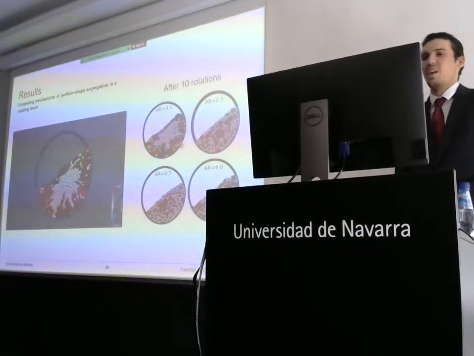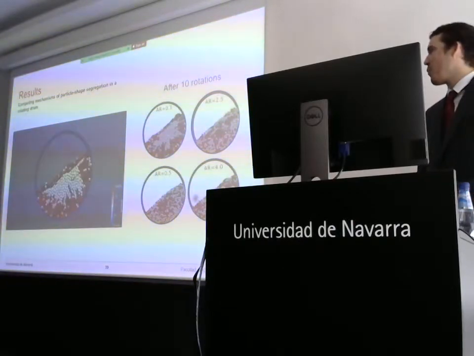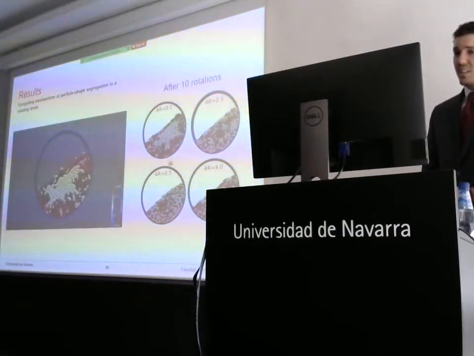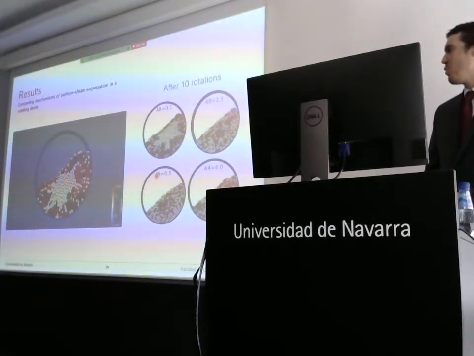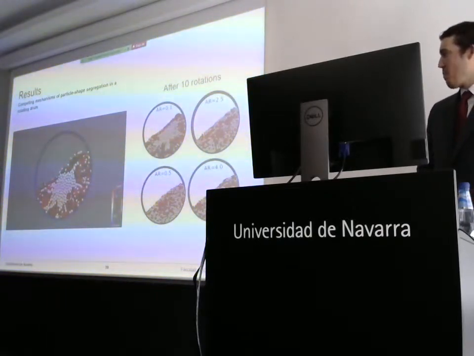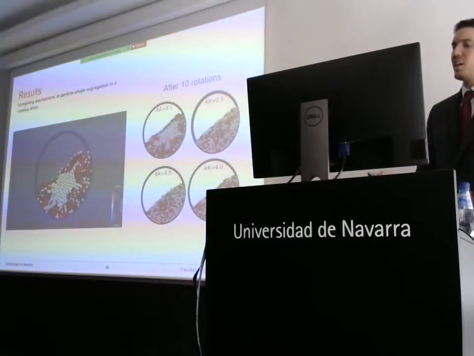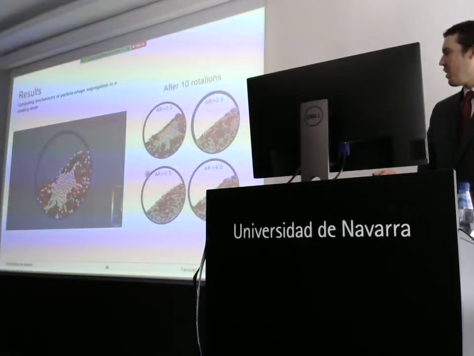At the third rotation, if we analyze the same system but for different aspect ratios, we can see that depending on the aspect ratio, first the strength of the segregation is different, and secondly we can see a very interesting phenomenon, that is an inversion of the segregation. That means, for example, that for oblate particles, here for 0.1, that is the most extreme case that we have analyzed, the spherical particles are in the center, and when we put the aspect ratio of 0.5, we can see the opposite behavior. The oblate particles are in the center.